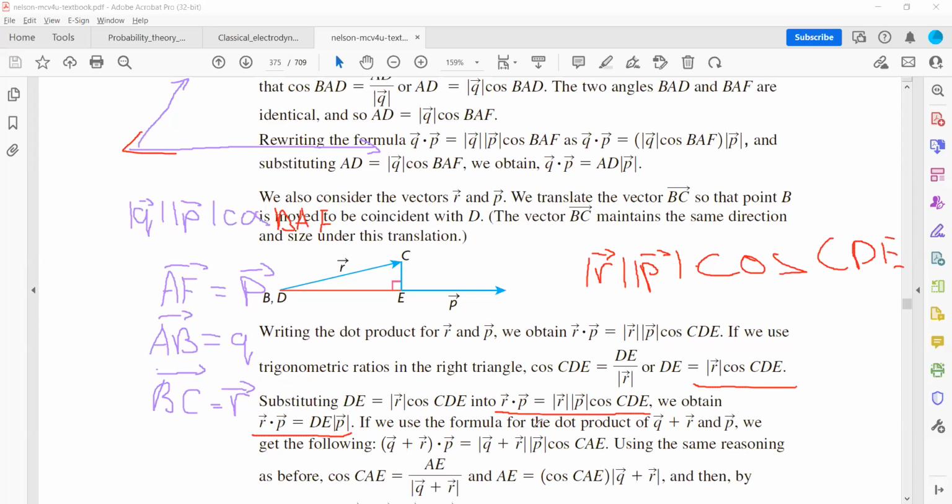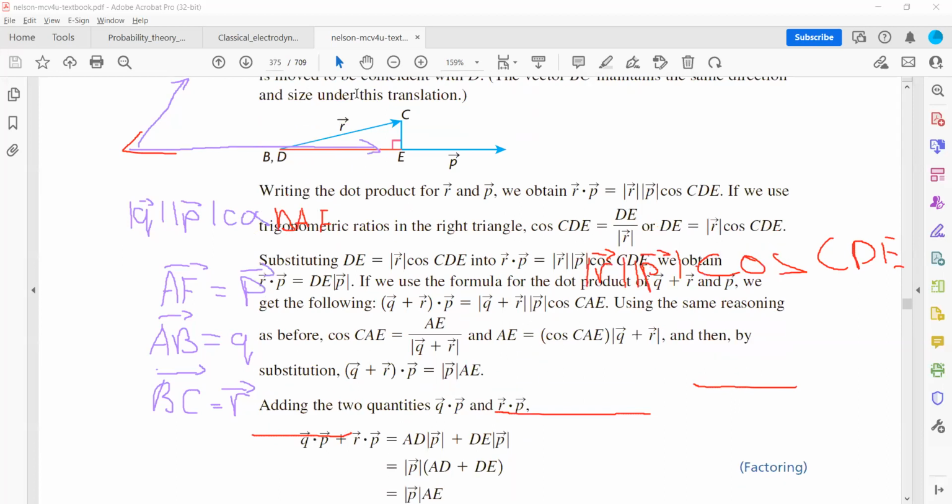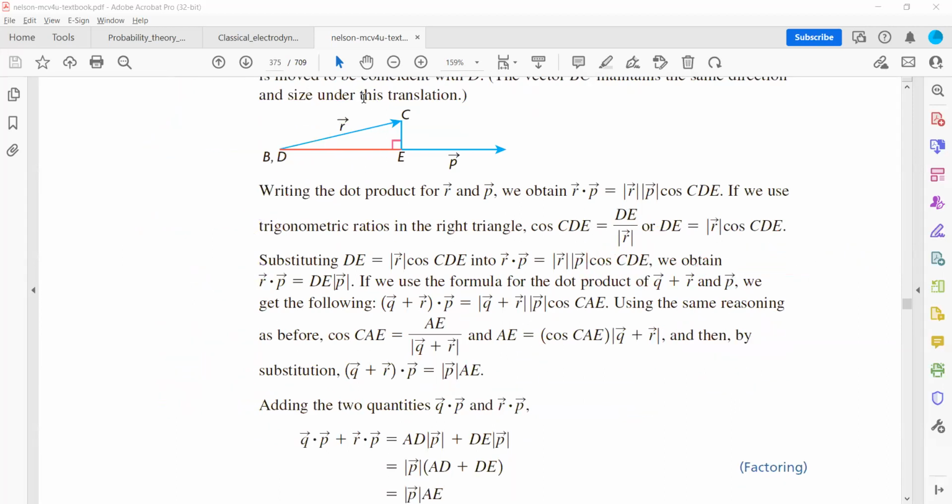If we use the formula for the dot product of Q plus R and P, we get the following. Let me clear all the drawing. Now by applying the formula directly as we see it, right?